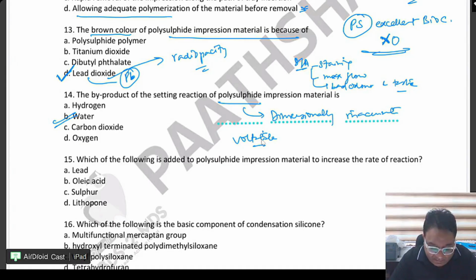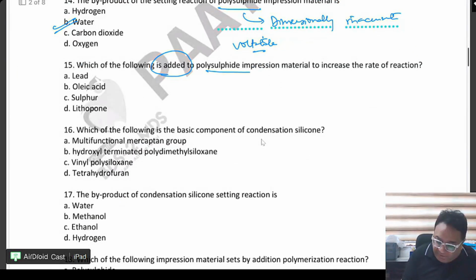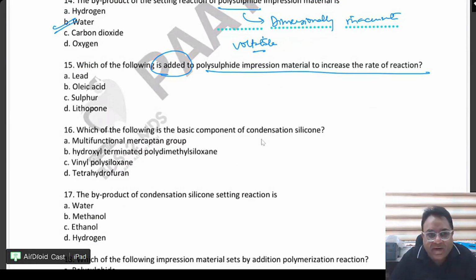Question 14. Which of the following is added to polysulfide to increase the rate of reaction? What acts as an accelerator of the reaction? Sulfur.